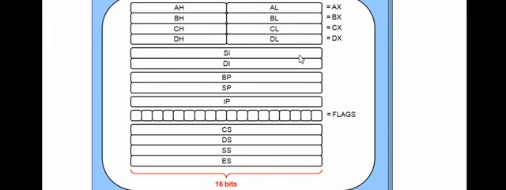Similarly, if you add two numbers and a carry is generated, the carry flag is set. So these are used for our decision purposes. For example, we want to go to some other part of a program and we check if the carry flag is set or not.